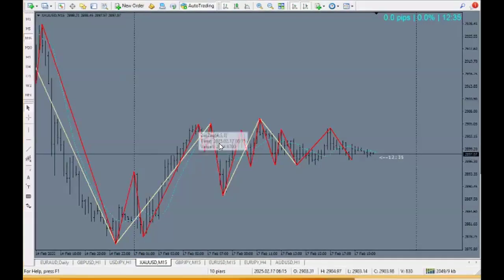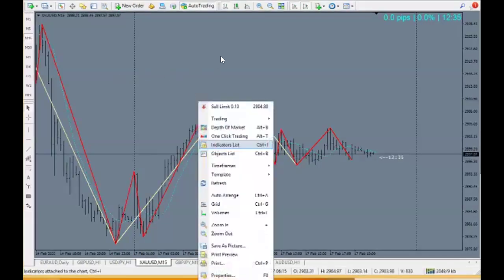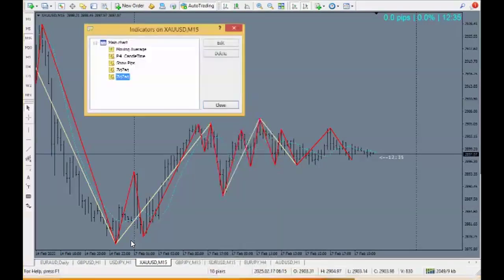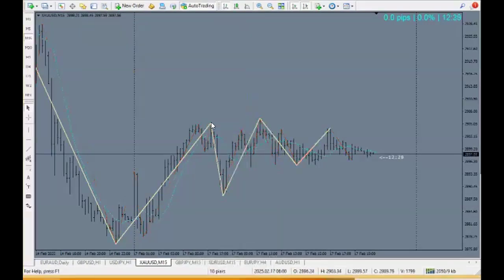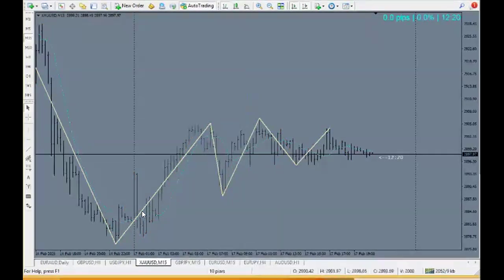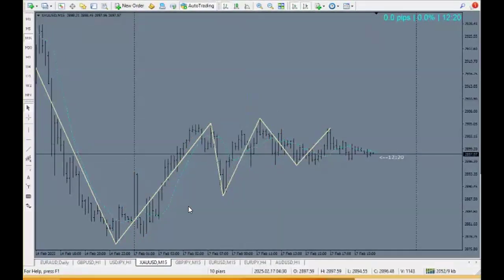This first one is the 1253. That's the default one that comes with the broker's indicator. And it just gives you the turning points.